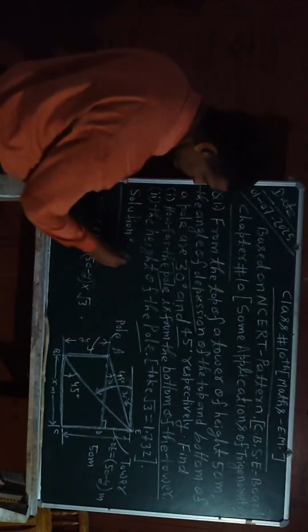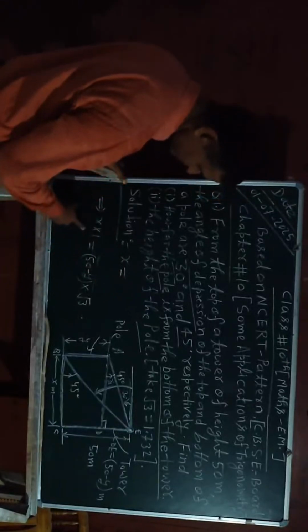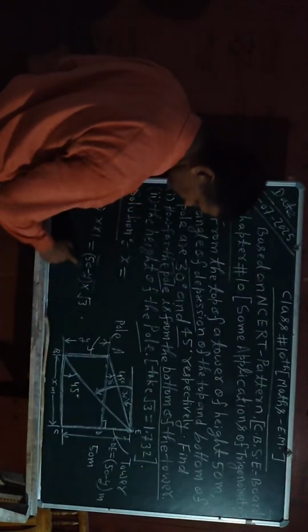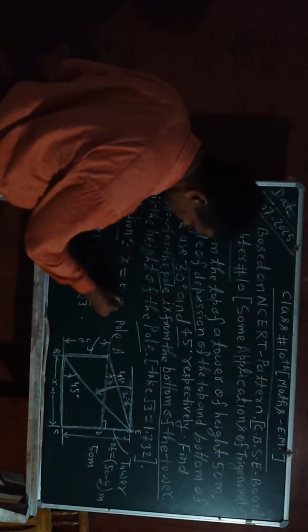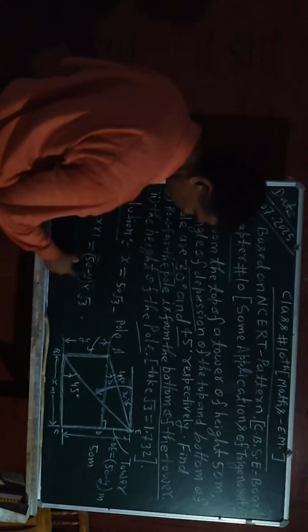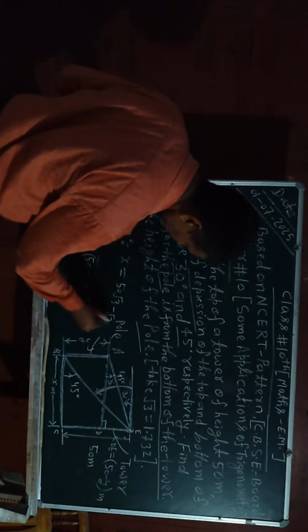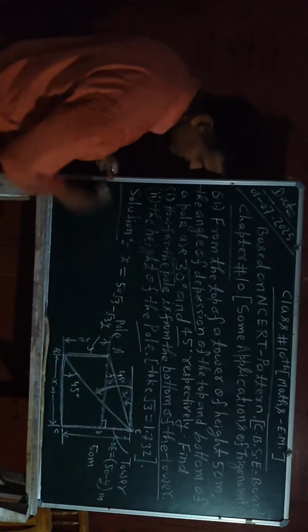So 1 into x, if any value is multiplied with 1, that will be the same value. Now here root 3 is multiplied with 50, so 50 root 3 I can write. Now y into root 3, so here I will write root 3 into y. Okay. So I will write this properly.